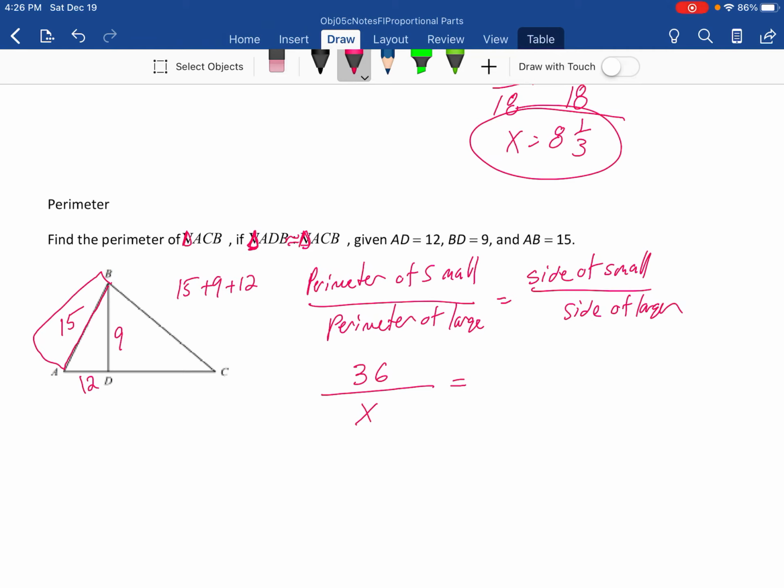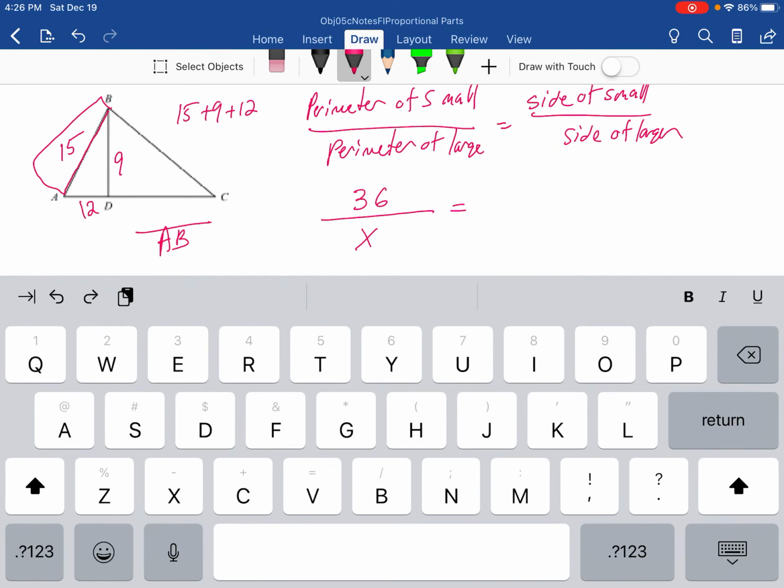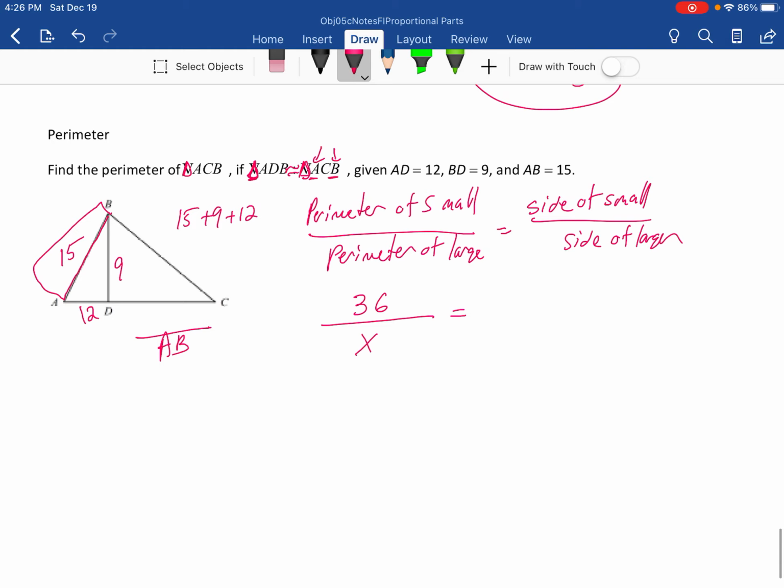So I know that AB on my larger triangle corresponds to, oh, I think I have this similarity statement wrong.